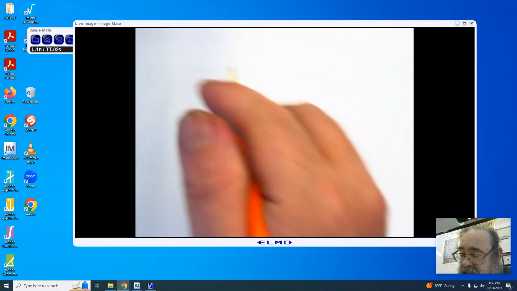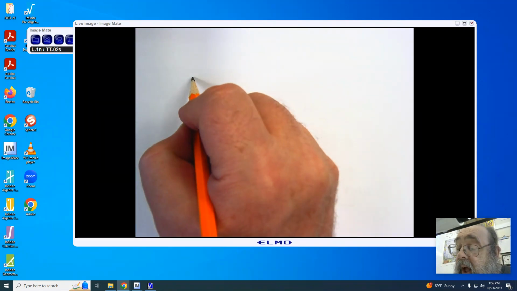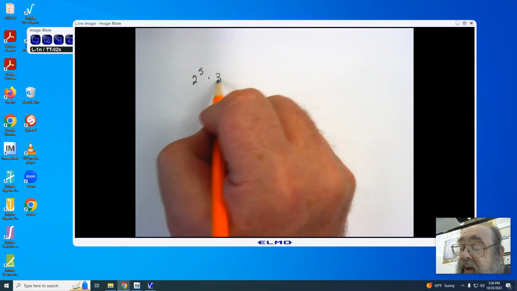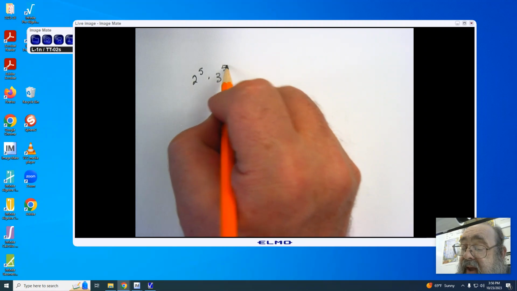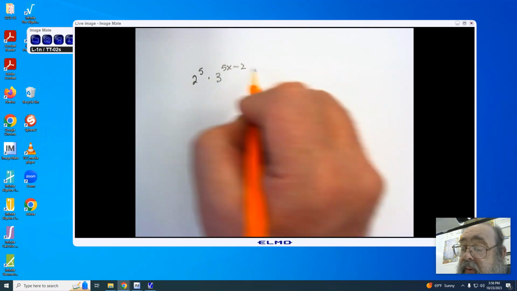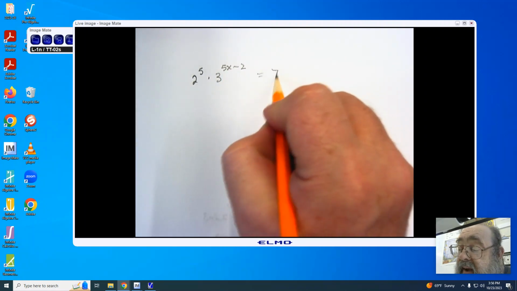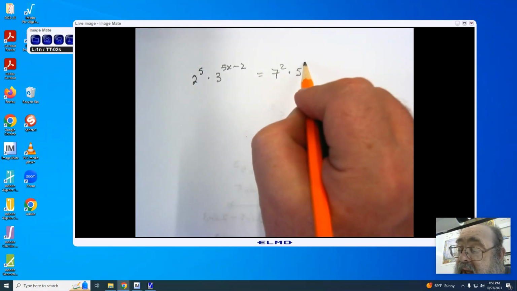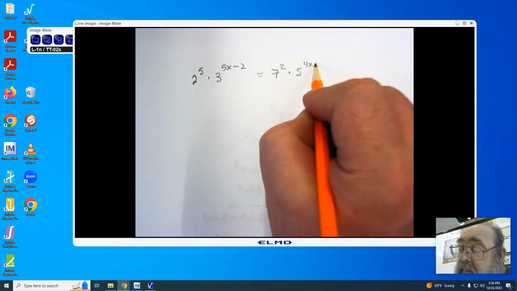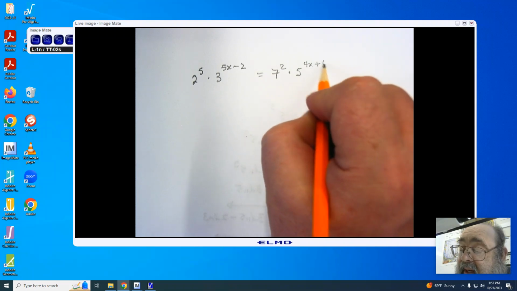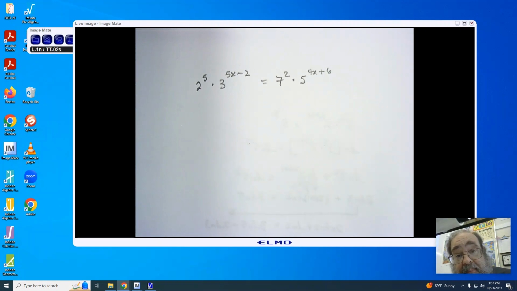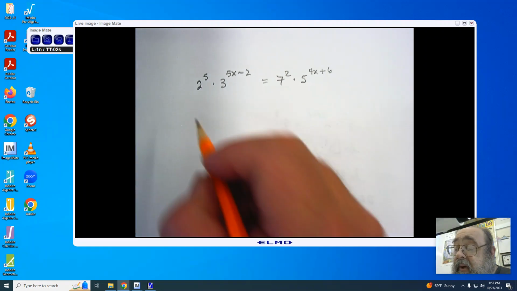Here we go. I have, let's do 2 to the 5th power times 3 to the 5x minus 2 equals 7 to the 2nd power times 5 to the 4x plus 6. Now, as you get better at these it will go a lot faster.